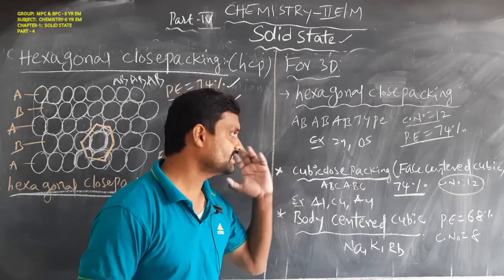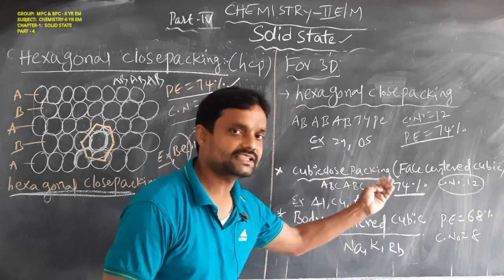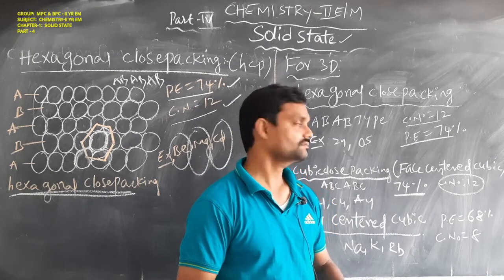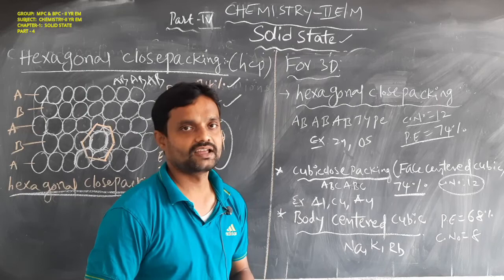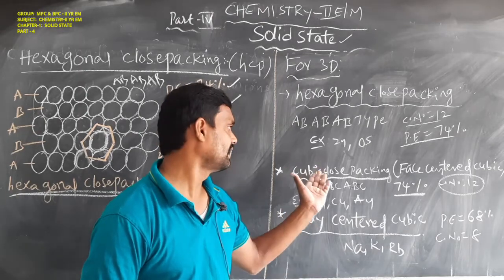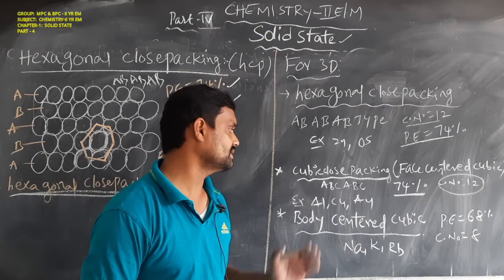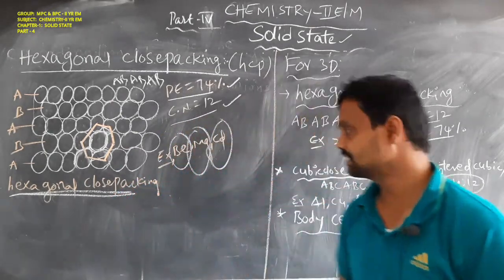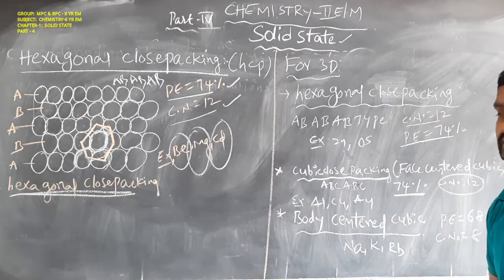When they are arranged in cubic close packing or face-centered cubic arrangement, the packing efficiency is how much? 74%. The coordination number is 12. The metals that follow this cubic close packing or face-centered cubic arrangement are aluminum, copper, and iron.